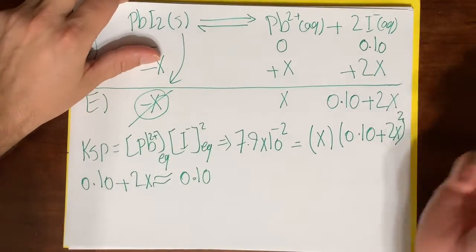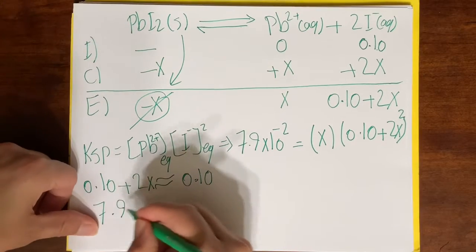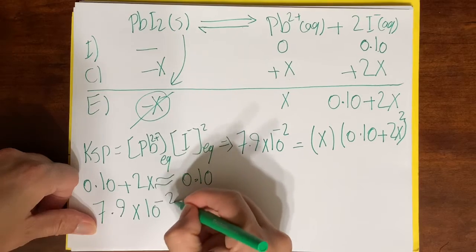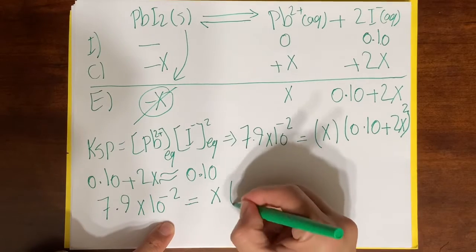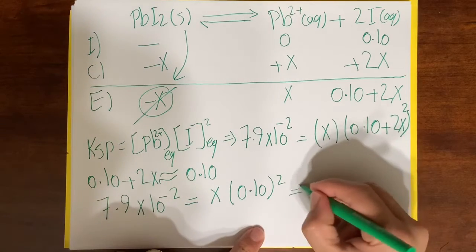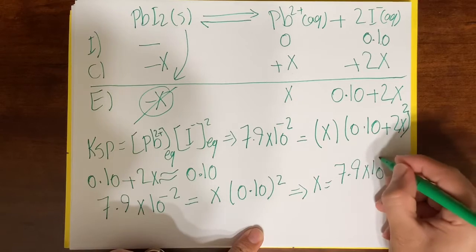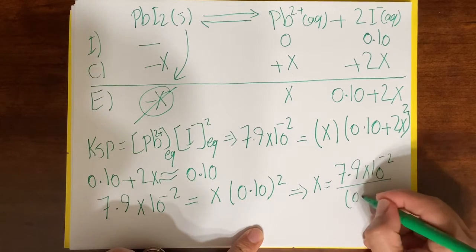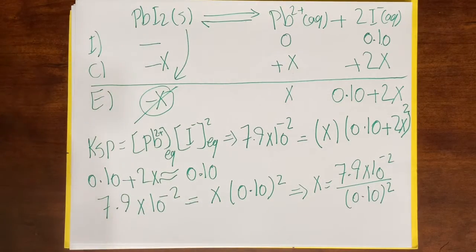If that's the case, I go 7.9 times 10 to the power of minus 2 equals X times 0.10 to the second. So X is 7.9 times 10 to the power of minus 2 divided by 0.10 to the second.